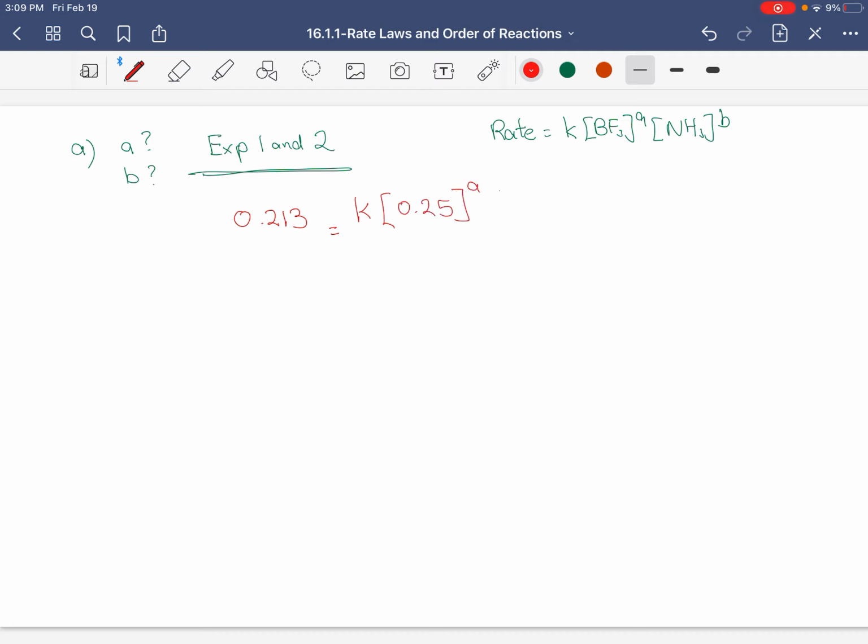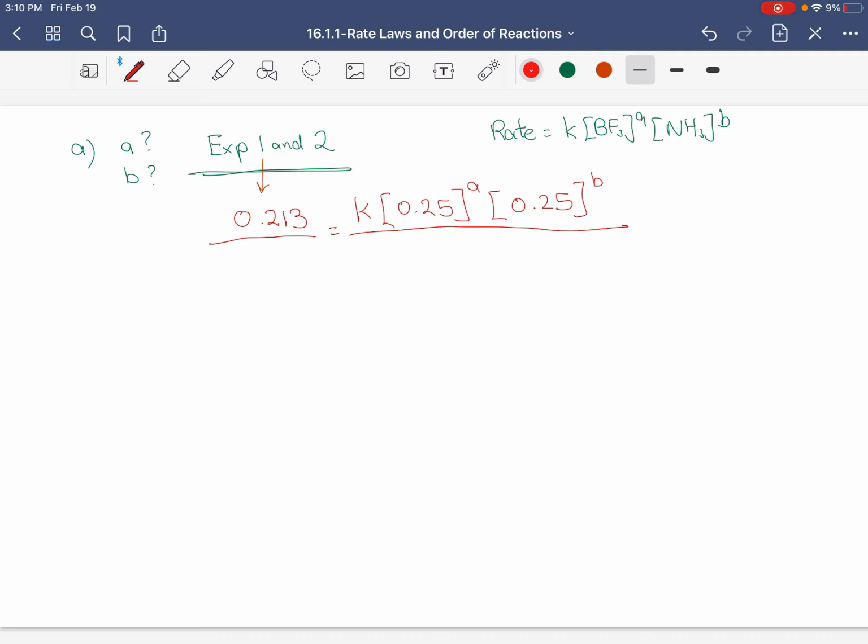To the power of A, times 0.25. So for experiment 1, the concentration of NH3 is 0.25 to the power of B. Now, I'm going to relate this as a ratio for experiment 2.